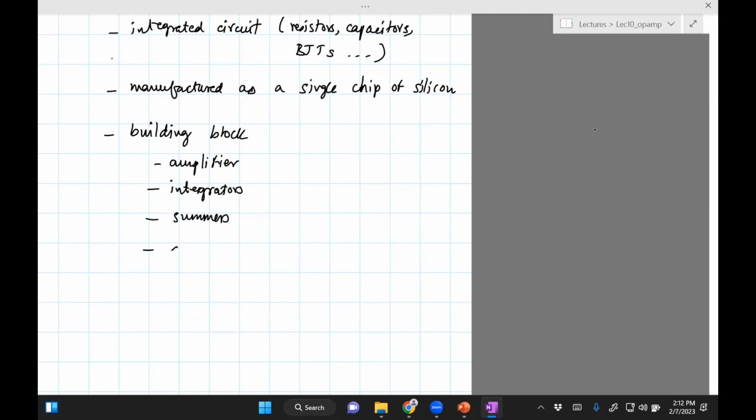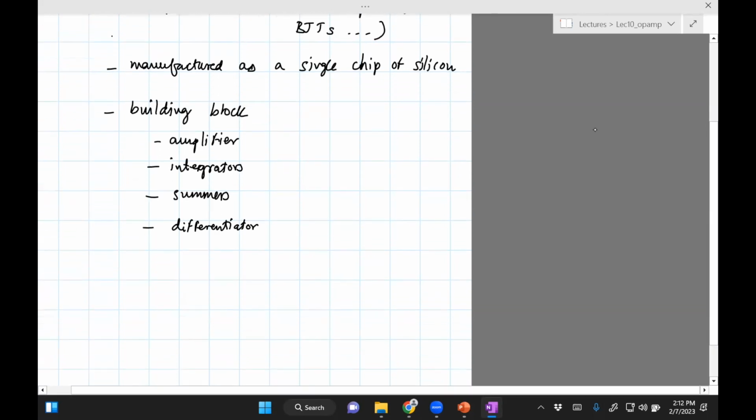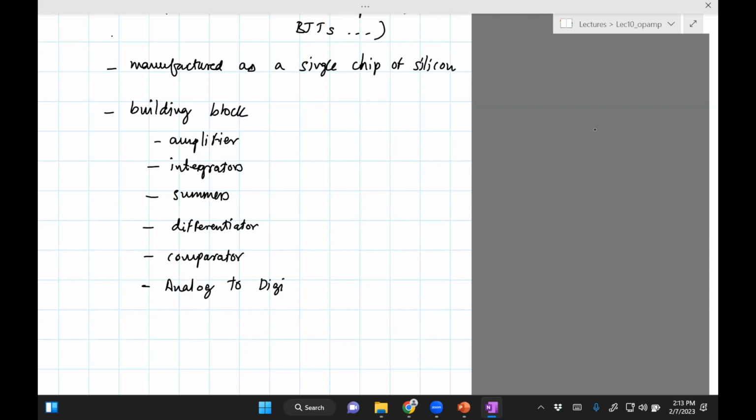A differentiator. So the derivative of velocity is acceleration. That's what a differentiator would be. Comparator. If you want to compare two signals, you can do it using an op-amp. A to D and D to A converters, so analog to digital and digital to analog converters.